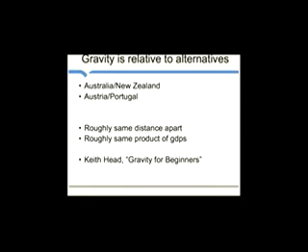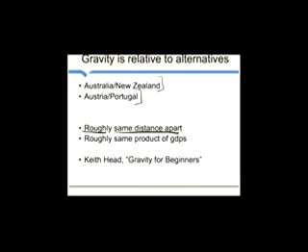So let's consider a comparison here using data from the 1990s, and on one side of the comparison stands Australia and New Zealand, and on the other stands Austria and Portugal, both of course in Europe. Comparing these 4 nations, well, Australia and New Zealand are roughly the same distance apart as are Austria and Portugal.